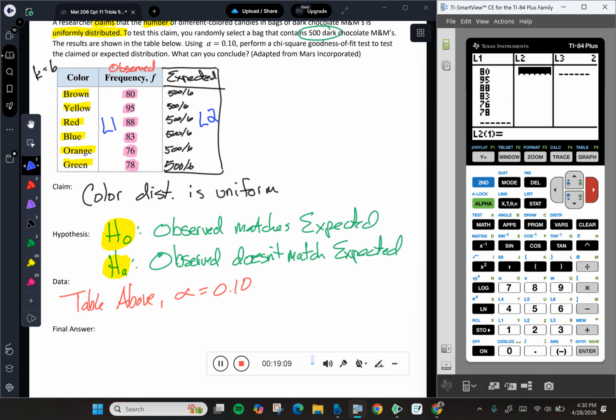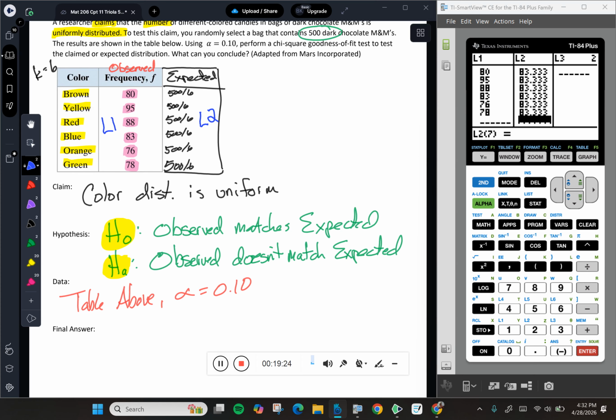Now I need to come over here, and in L2, I need to put the expected. 500, whoops, not times, divided by 6, and then I'll just continue that down. I'll be back when it's done.